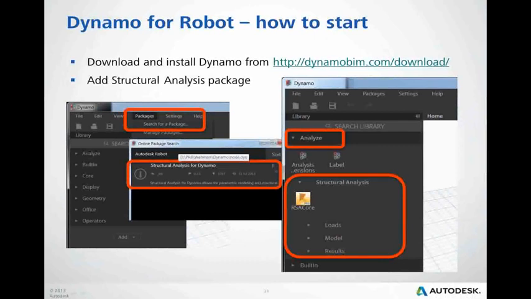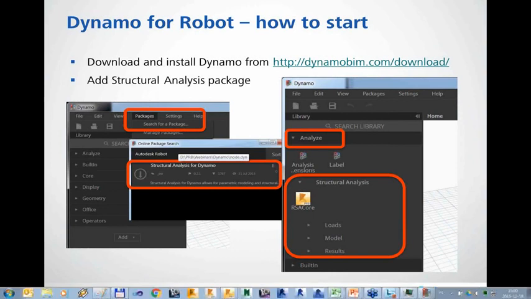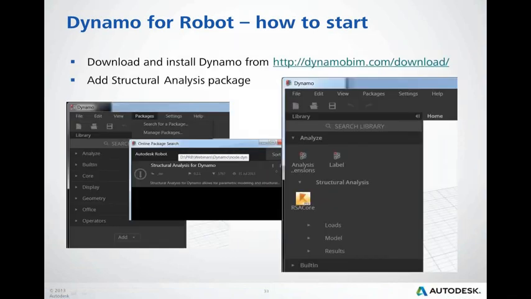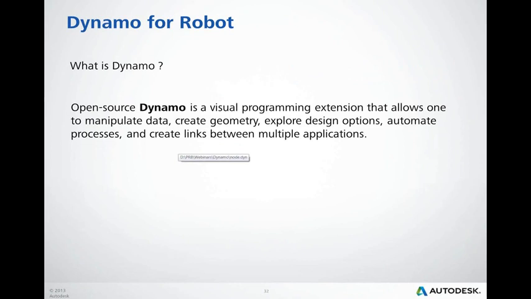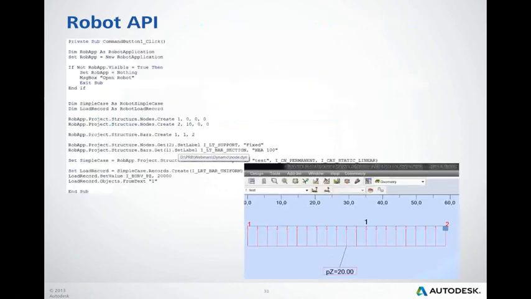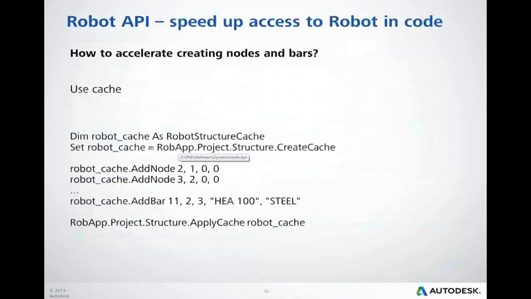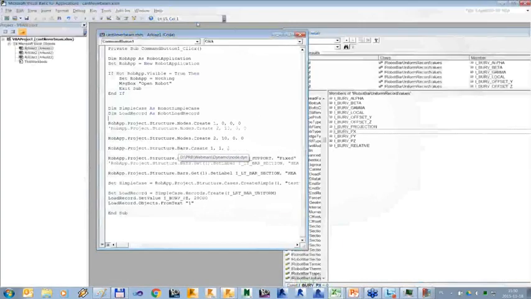I hope it should be refreshed now. Yeah, this is the code for the cache. So let's look at it in our VBA environment.